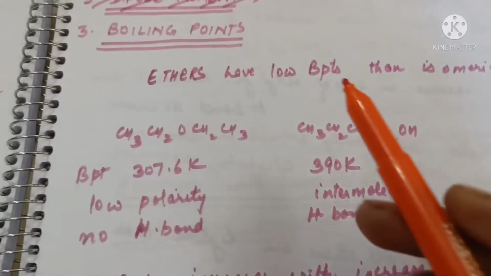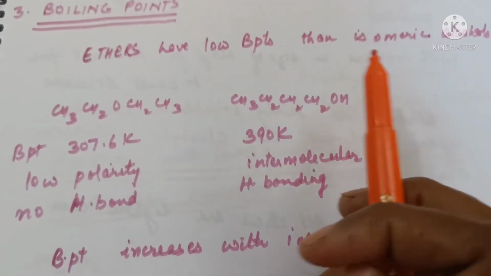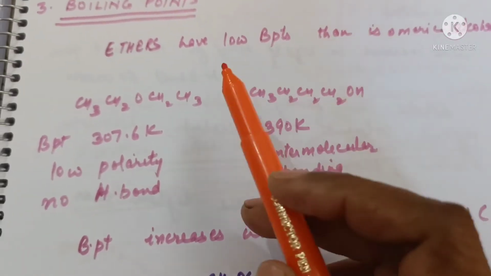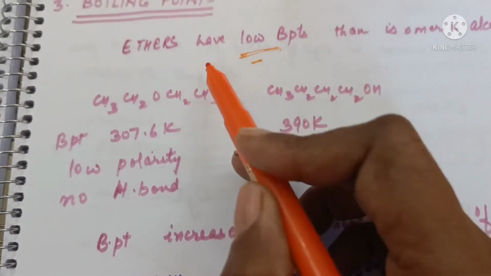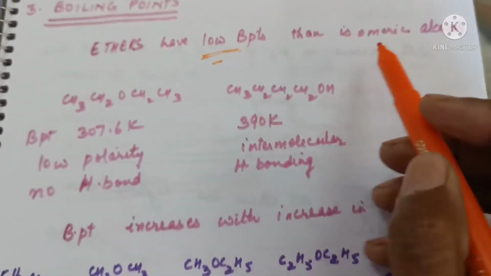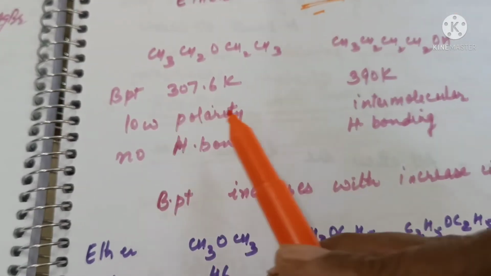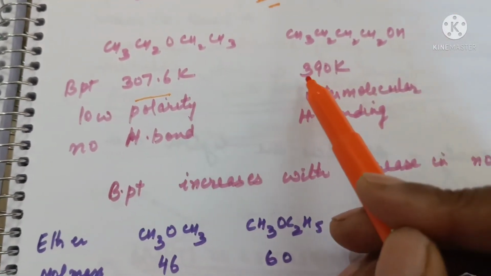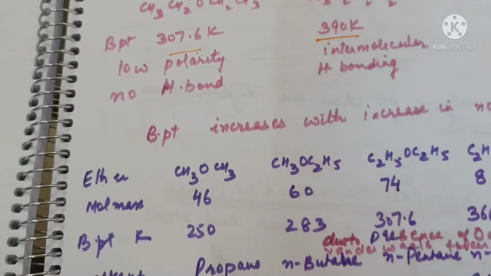In boiling points, ethers have lower boiling points than isomeric alcohols. This is because there is no hydrogen bonding in ethers. Alcohols undergo intermolecular hydrogen bonding. Low polarity results in low boiling point. In isomeric alcohols, the boiling point is higher, 390 Kelvin.